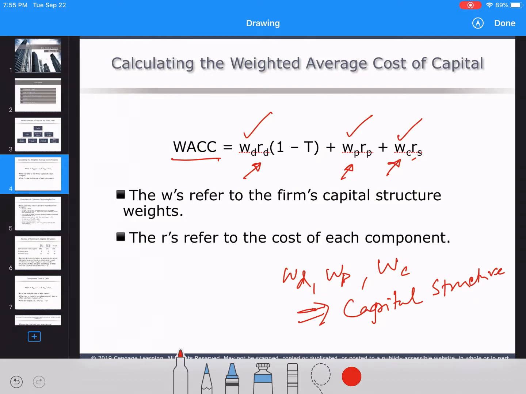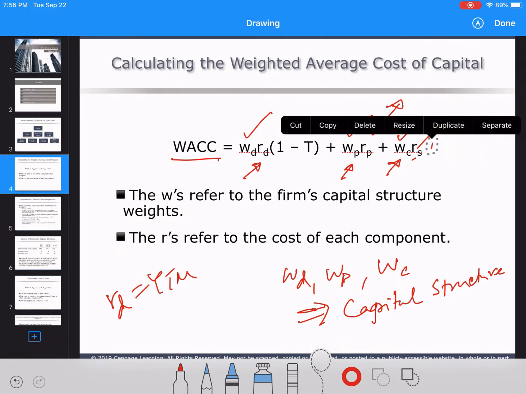So where do you get R sub D? R sub D you get from the YTM calculation, which you did before your midterm. R sub P is given to you, and R sub S is found through various methods.